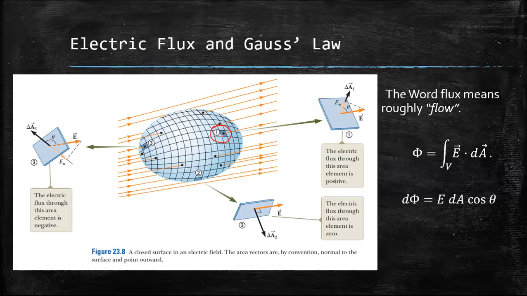If I open the window and these arrows represent air, air will go out of the window, and the amount of air that comes out is proportional to the size of the window, but also to the angle between the perpendicular to the window and the field itself.